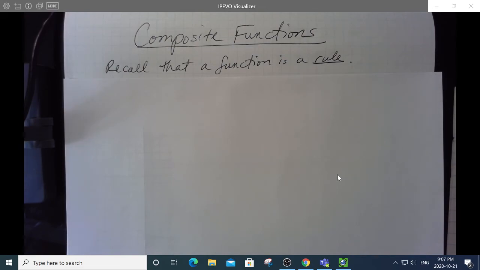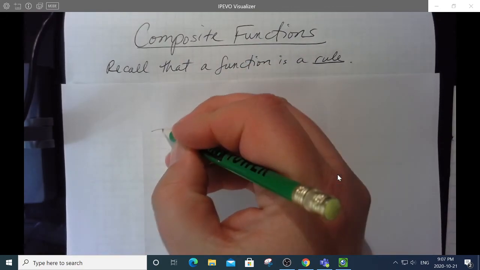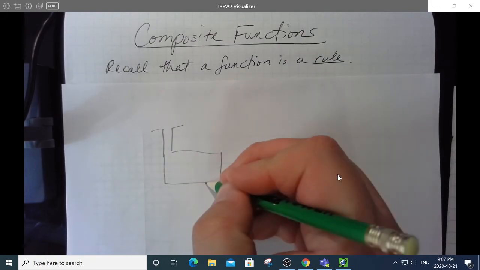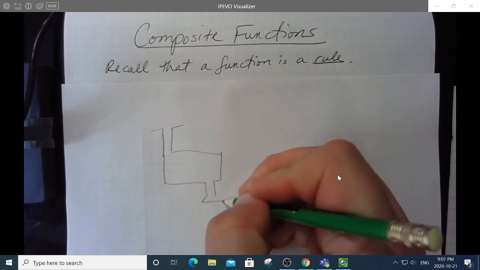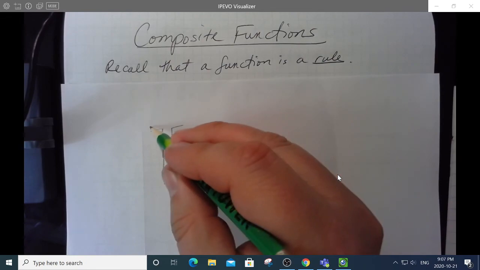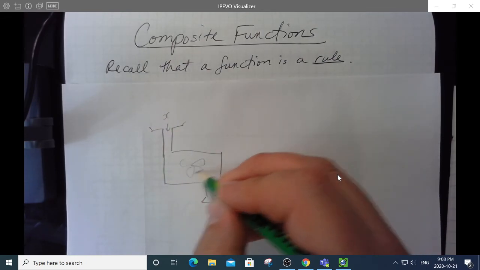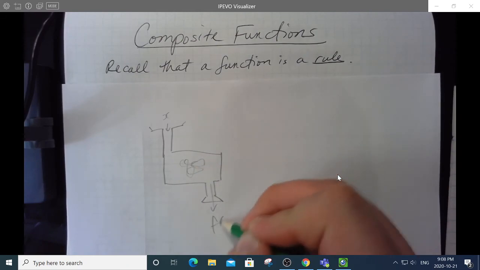Quick refresher, remember that a function is a rule. I like to think of a function like a machine, where you throw something into the machine. This is my drawing of a machine. You throw an x into the hopper, something happens in the machine, and out comes f of x.